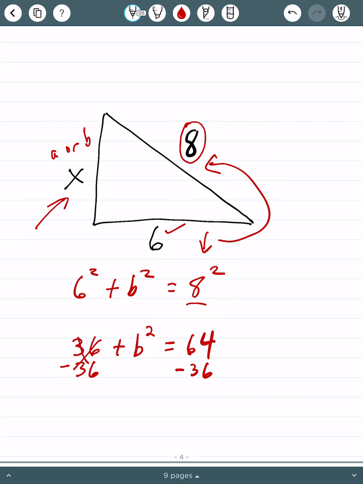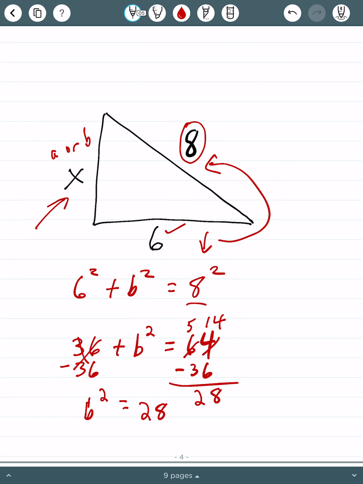These cancel out. That's B squared equals, let's do our little math. I'm just doing it here in my head. We got to borrow there. That's going to be 28. So B squared equals 28.